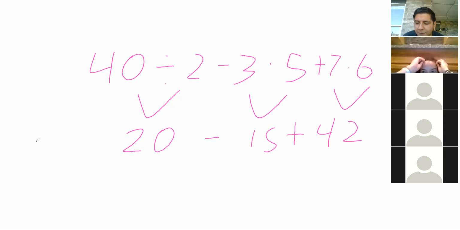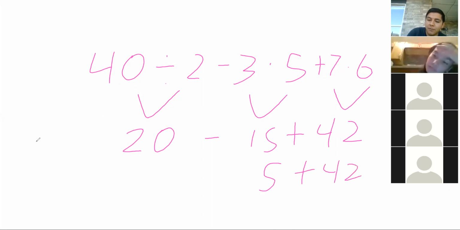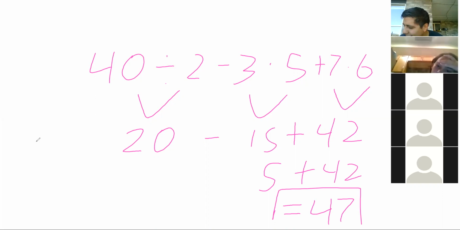We have 20 minus 15 is 5. And then plus 42? 47. Yeah, 47. So is that the answer you got?